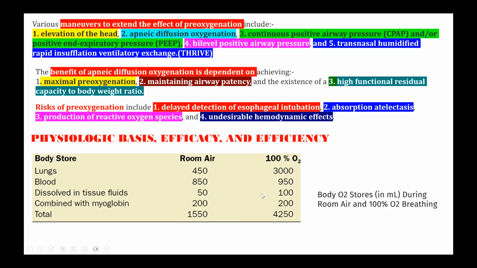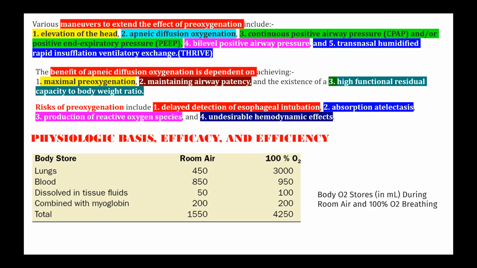Dissolved becomes double and combined with myoglobin remains the same because it cannot improve. So the FRC getting replaced with 100% oxygen is the main source of oxygen supply even when the patient is not breathing. So the FRC normally supplies the oxygen during the expiratory phase, but after induction and paralysis, the FRC, which is converted into 100% oxygen, forms the main store for supplying oxygen.